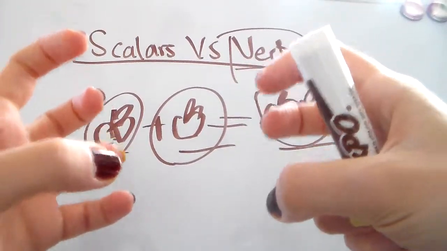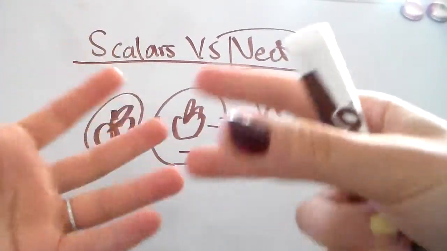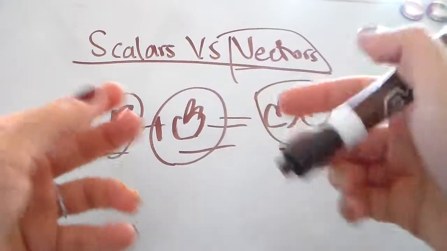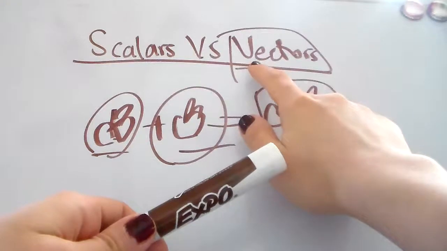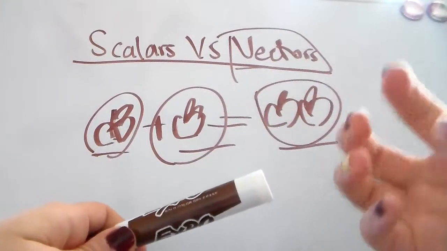Our lives are blended with scalars all the time. But there are quantities in nature, and these are real as well, and these are actually vectors.